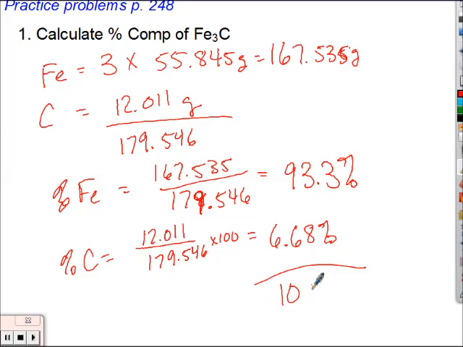Add those together and you get 100%. Okay, so the problem is correct.